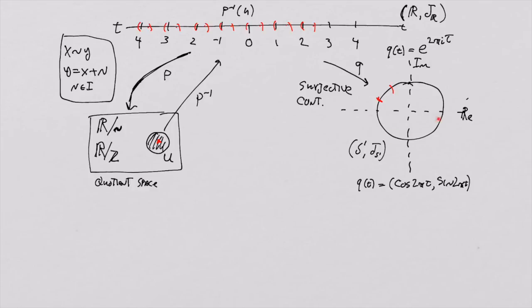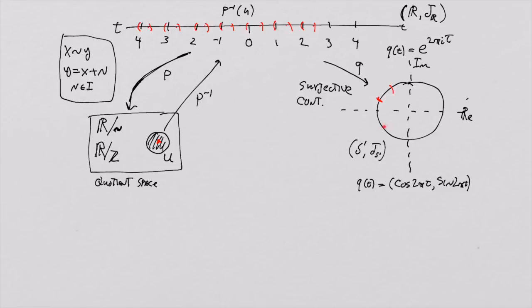If we know what the open sets are here, the preimage of this open set, for example, the one I'm highlighting, is going to be exactly this. So we know that this particular open set is the preimage of an open set in S1. That works just fine.